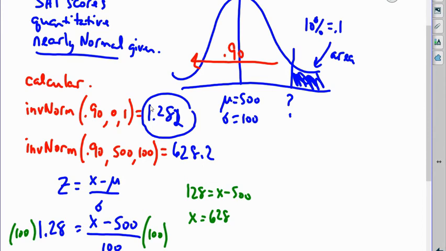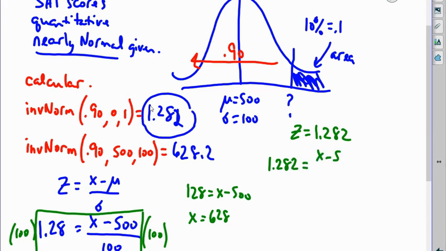All I'm asking from you is I would like you to write down this right here. You don't even need to solve it, but write down that right there. So you'll write z equals 1.282. Then you'll write 1.282 equals x minus 500 over 100. x equals, and then from your calculator, you would have gotten 628.2.